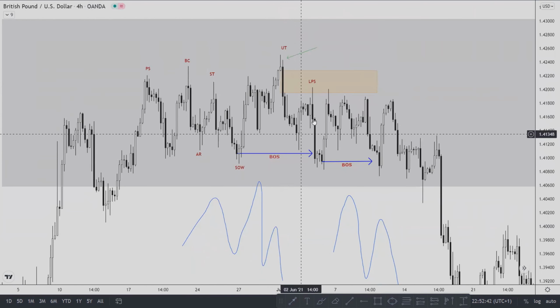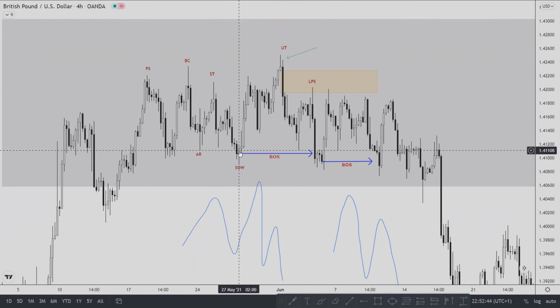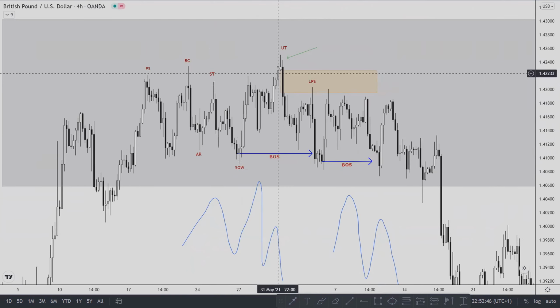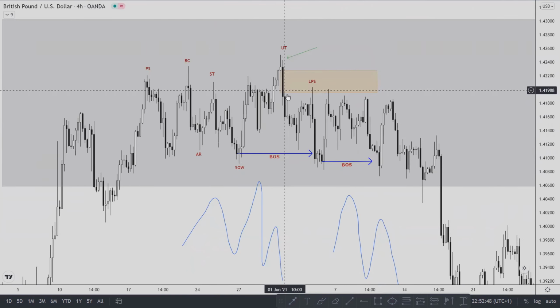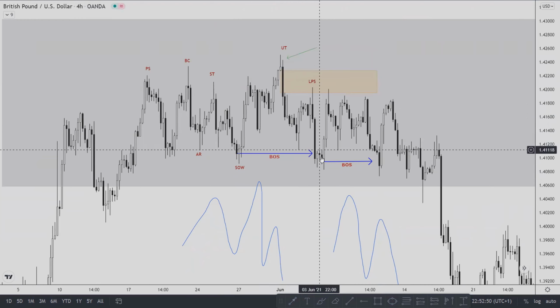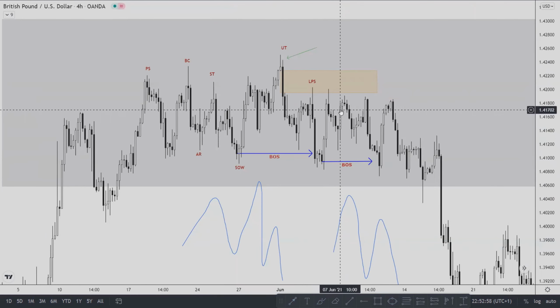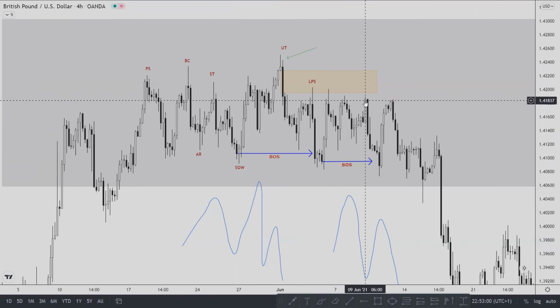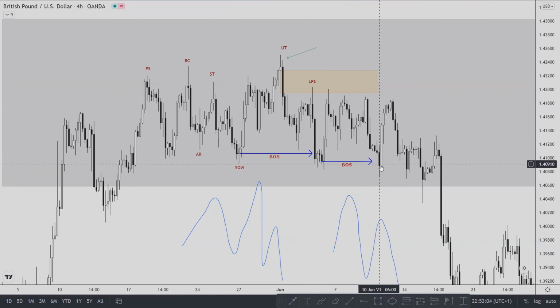So again, this is the low. We come up from the high, and then price comes, breaks below. So this is now a lower low than our previous low. And then price comes here, makes the high here, and then we break below this low, closes below the previous low.